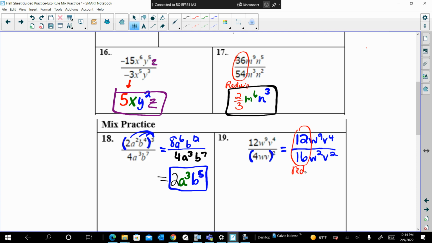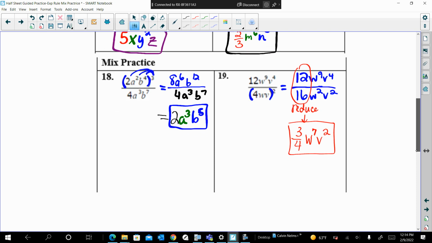What is 12 over 16 reduced to? Yep, 3/4. So then we're just subtracting. This would be w to the 7th power and v to the 2nd. Is that all of them? Yeah. All right.